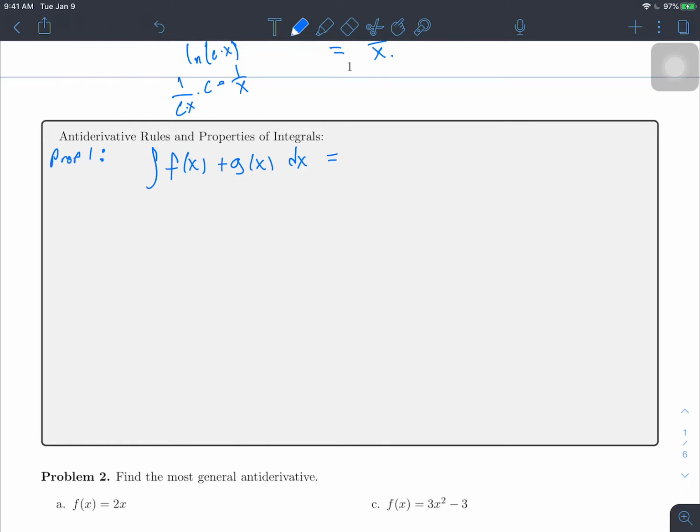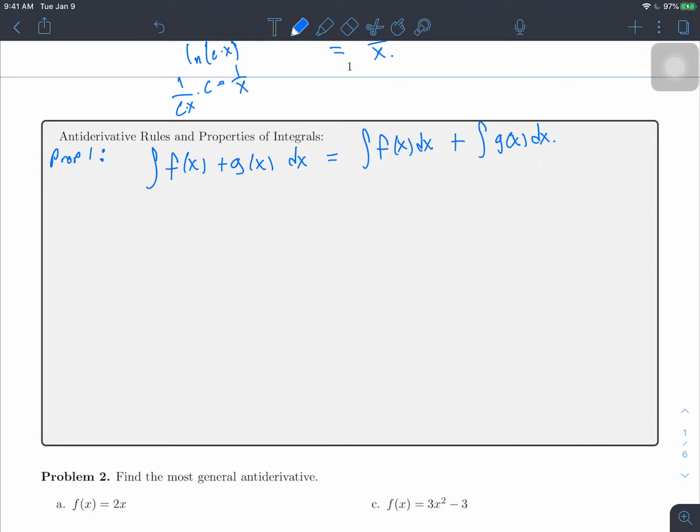Now, when I talk about the integral of f of x plus g of x dx, am I talking about a number or a class of functions? A class of functions right now, because we don't have limits of integration. Equals integral f of x dx plus integral g of x dx.